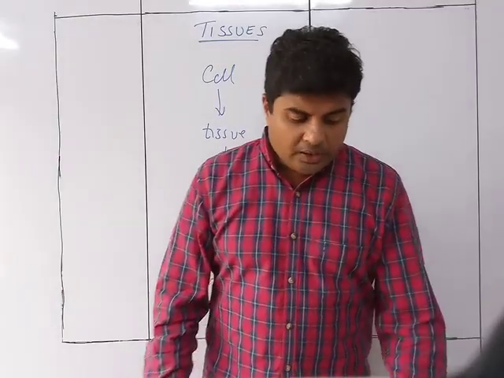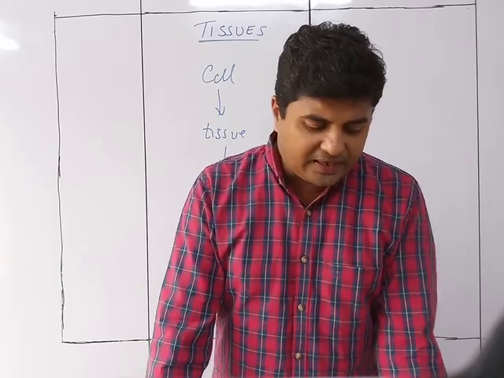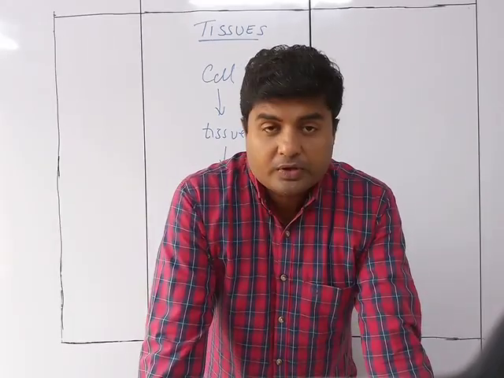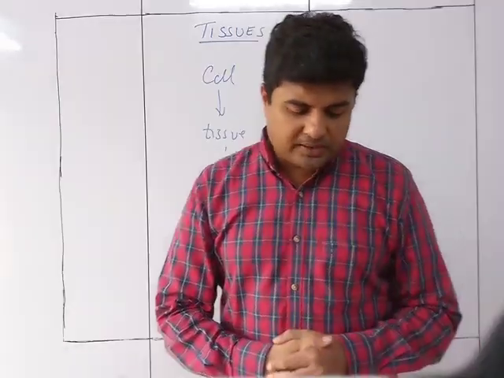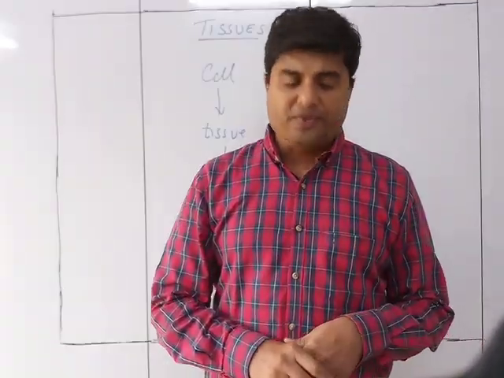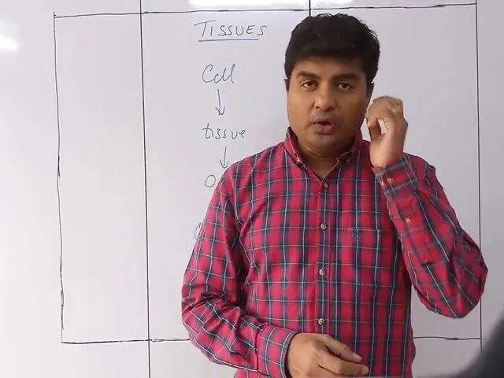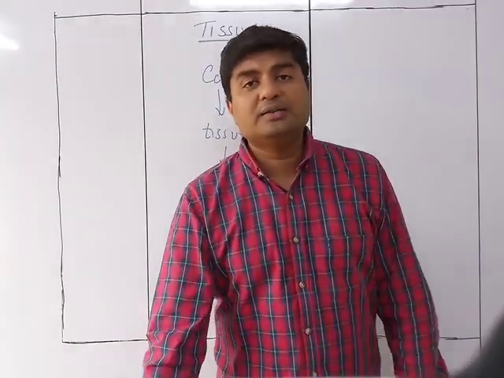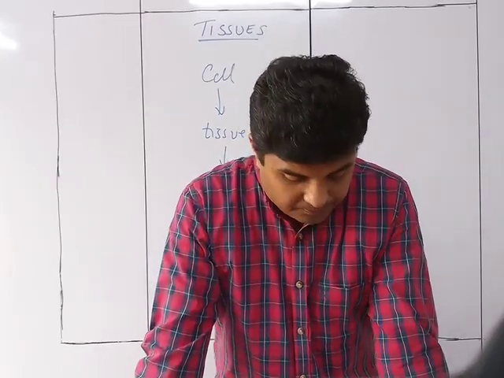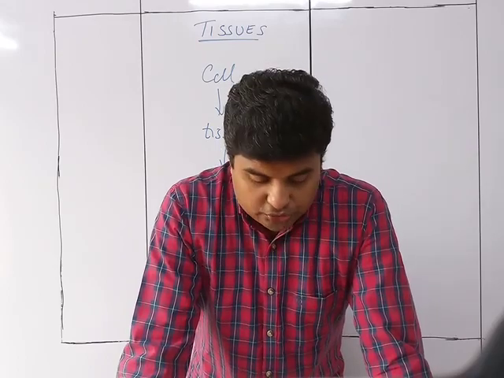So a single cell working on its own would achieve very little inside an animal or plant body. Many similar cells lying side by side work together as a team to perform the same function. Such groups are called tissues. We'll describe here only the more common plant and animal tissues.